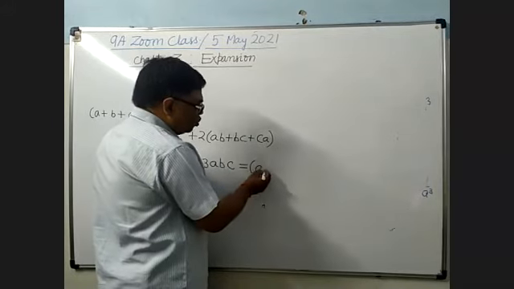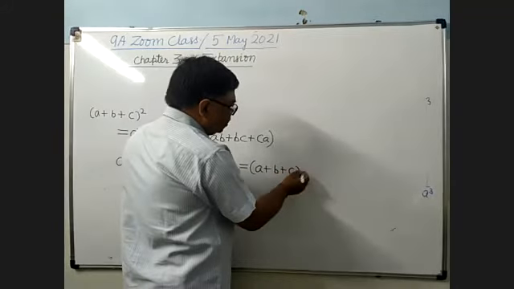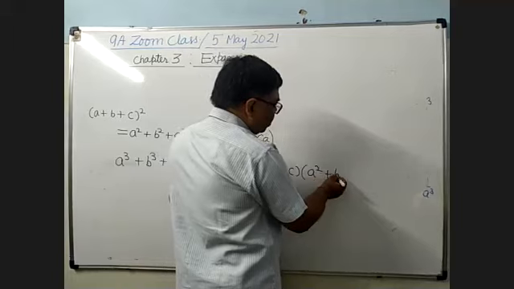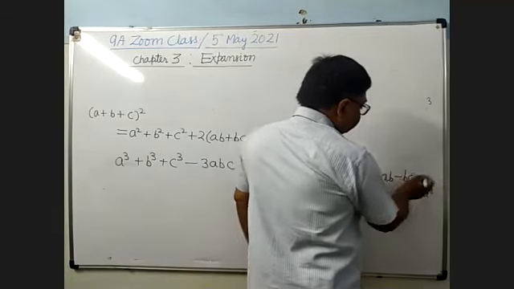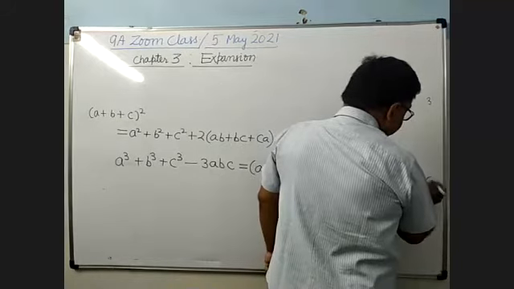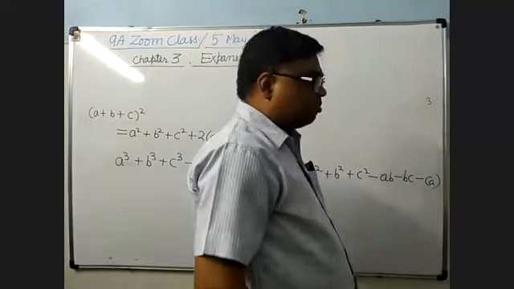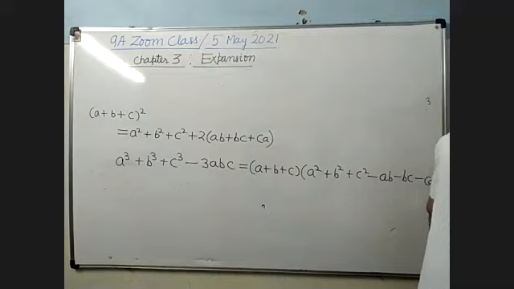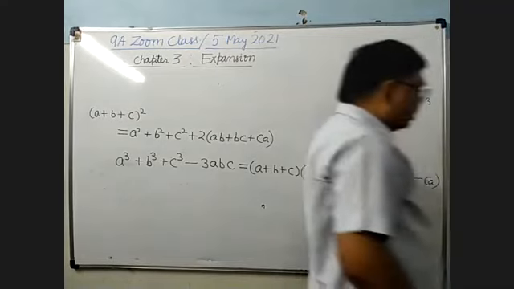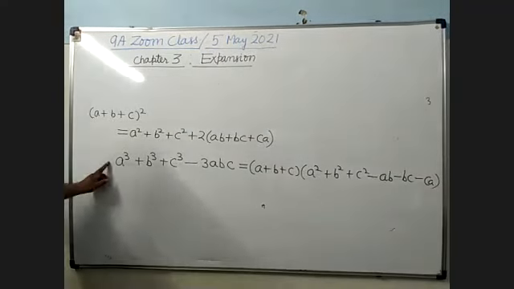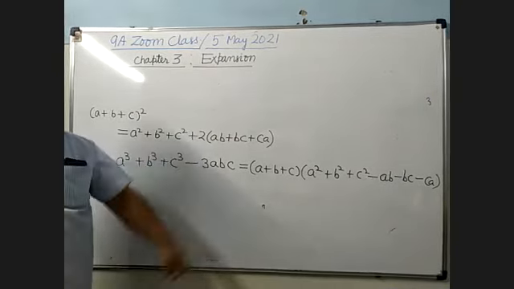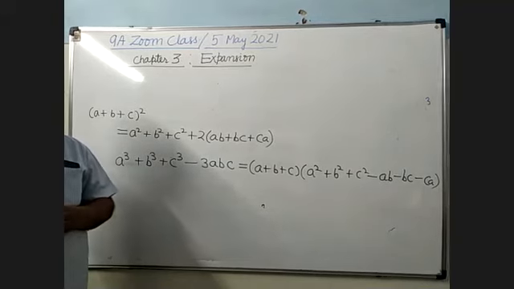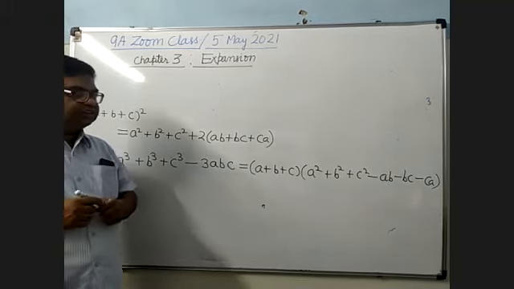It will be equal to, in one bracket, a plus b plus c, in the other, a square plus b square plus c square minus ab minus bc minus ca. Is it clear? You will remember a cube plus b cube plus c cube minus 3abc equals (a plus b plus c) in one bracket, in the other, a square plus b square plus c square minus ab minus bc minus ca.